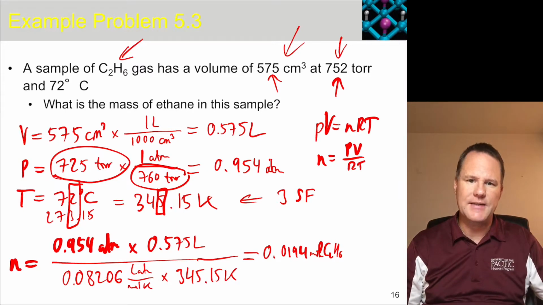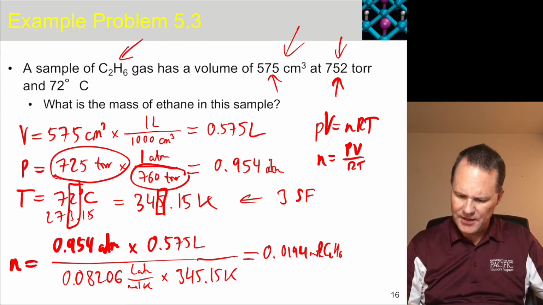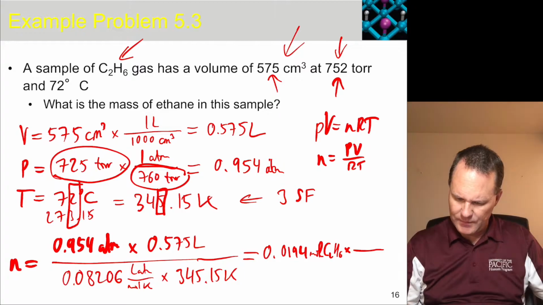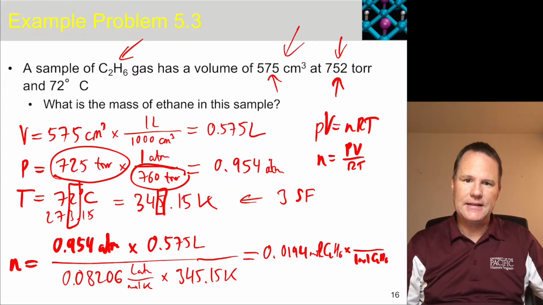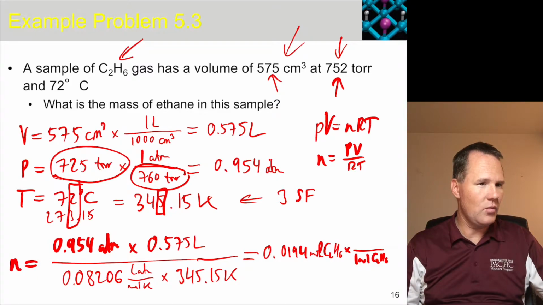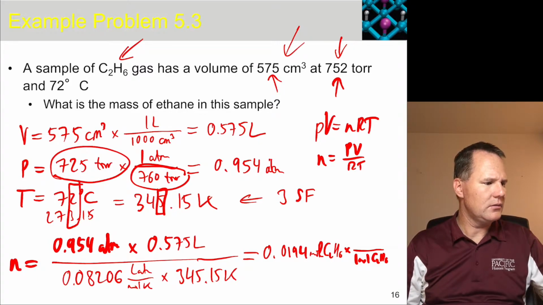But I'm looking for the mass, and so how do I get the mass from this? Well, I convert it into grams by 1 mole of C2H6, and let's add it up. So the molar mass is 12.011 plus 1.0079 times 6. Let me check, it's 1.00794, okay, times 6.